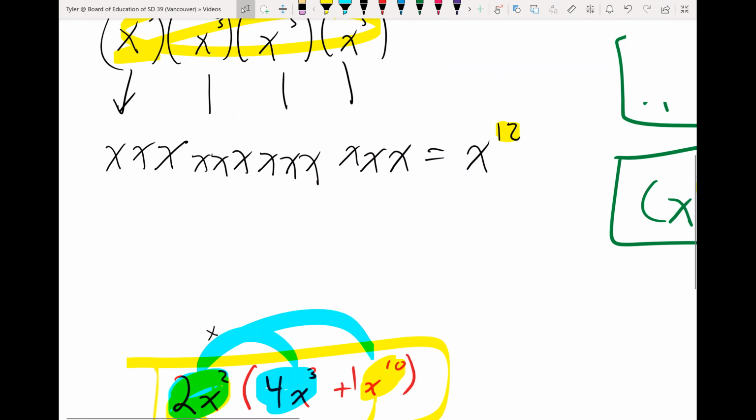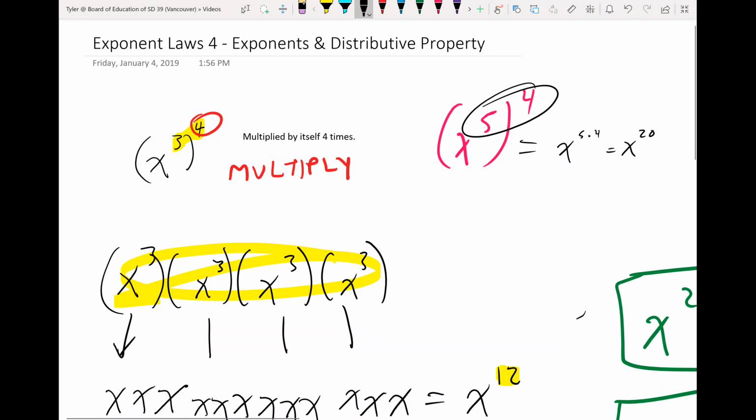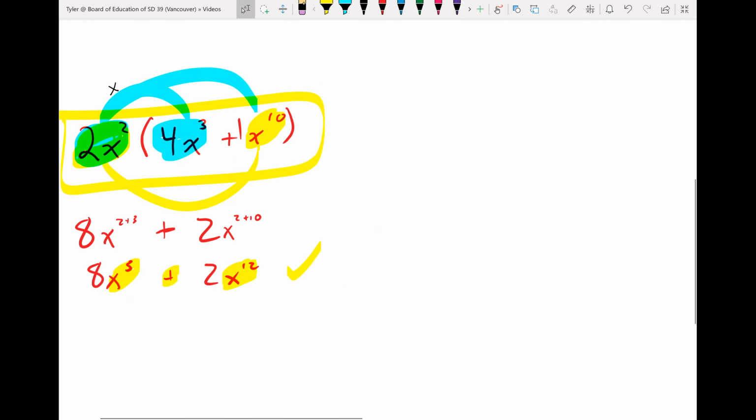So when you have an exponent question like this, x to the power of 5 all to the power of 4, we have to take those two numbers and multiply them together. So it's x to the 5 times 4, that would be x to the 20. When we have a question like this, where we have exponents, so we have like 3y squared times y to the 4 minus 10y to the 5, we go one at a time and we have to do distributive properties.